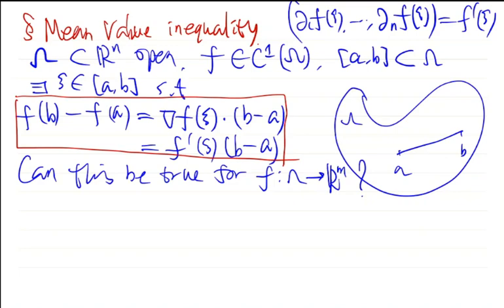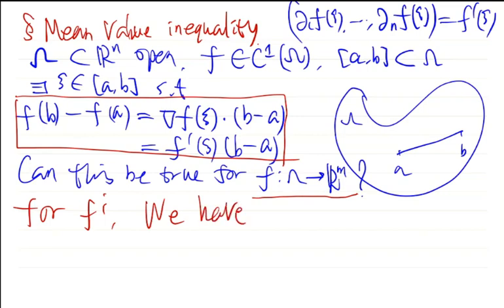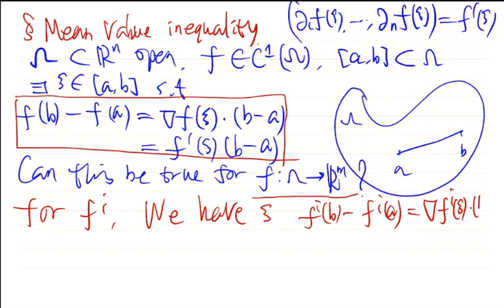So for every component fi of f, by the real valued result, we have c such that fi(b) minus fi(a) is the gradient of fi at c, inner product with b minus a. But for different i, this c might be different. So you could not find a common c for every i.